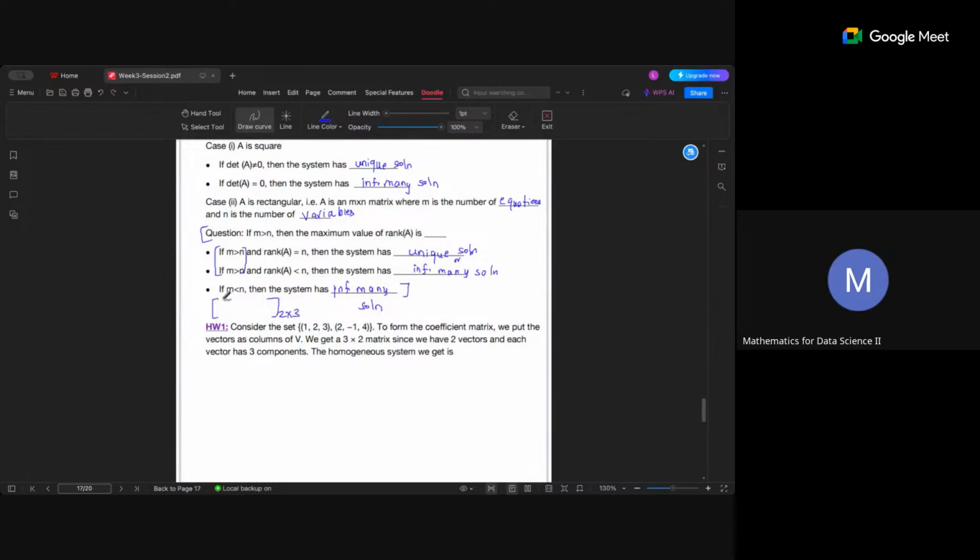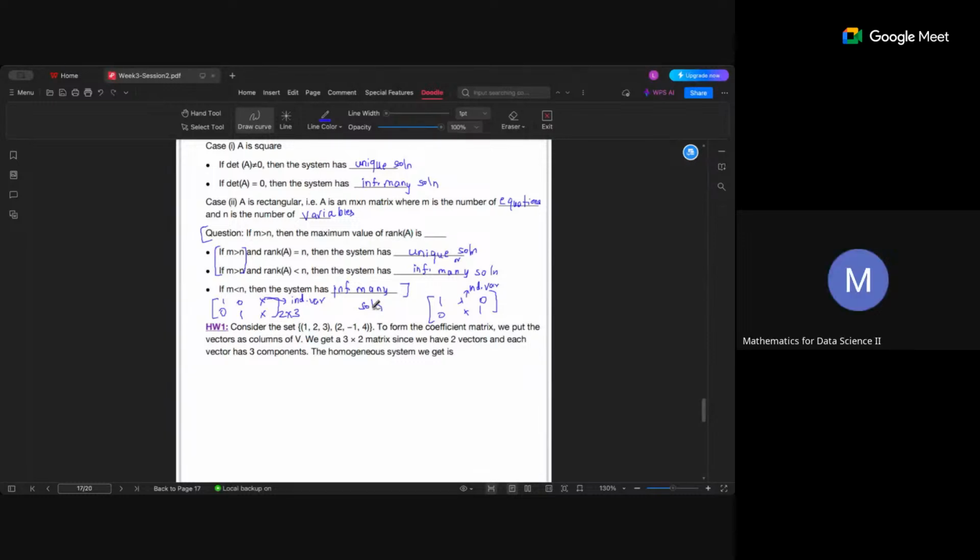Then obviously your REF form is something like this, or it can be something like this, right? Anyway, you will have an independent variable. Here this will give you an independent variable, and here this will give you an independent variable. Whenever you have an independent variable, that independent variable can take any value, right? So it means you have infinitely many solutions. Yes or no?